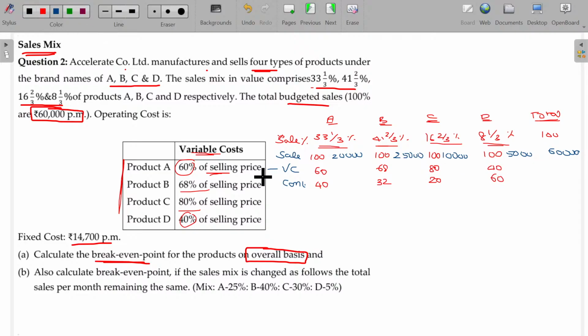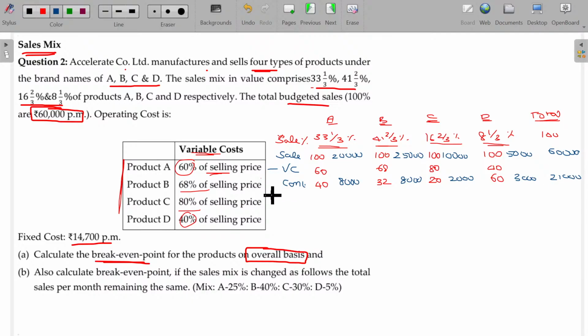Now come on, find out the contribution for all the products here. 8,000. Here also 8,000, right? Next, 2,000. 3,000. What is the total contribution? 21,000.